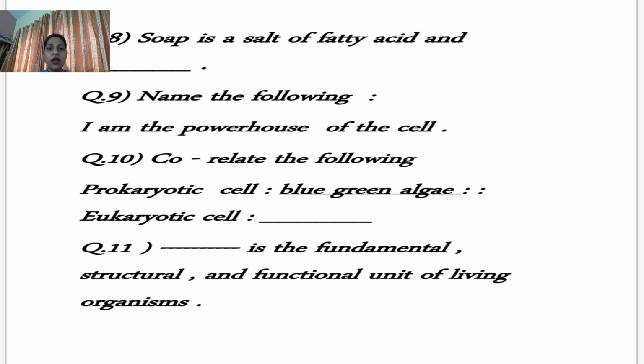So children, prokaryotic cell example is blue-green algae and eukaryotic cell example you have to write.